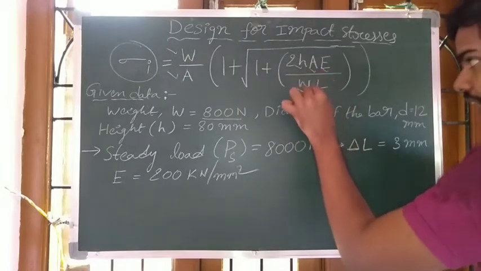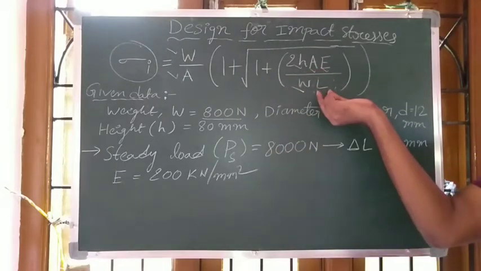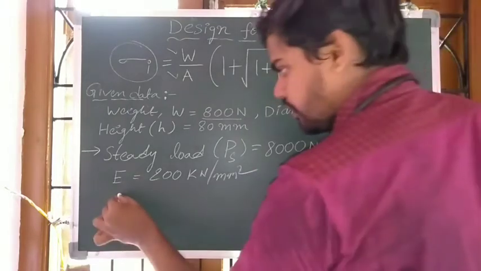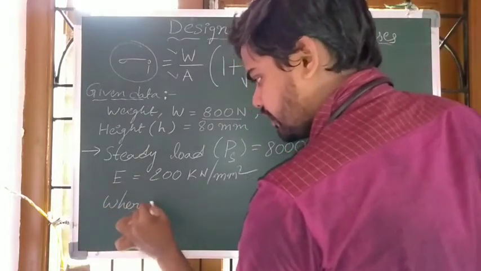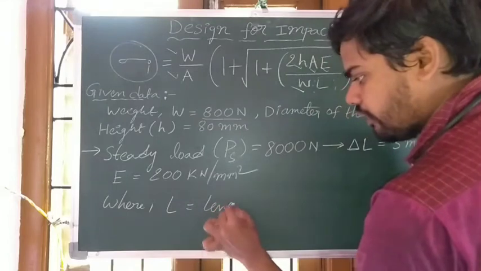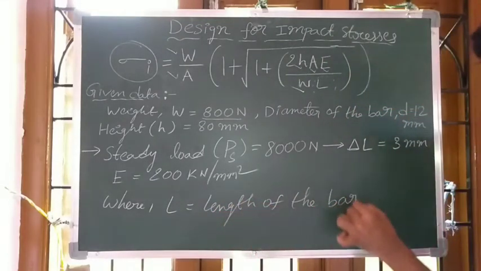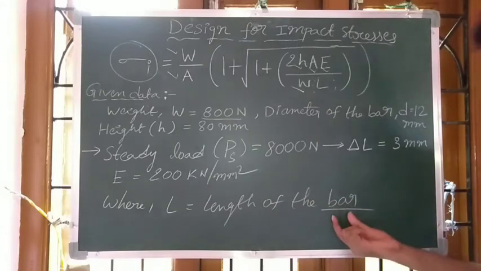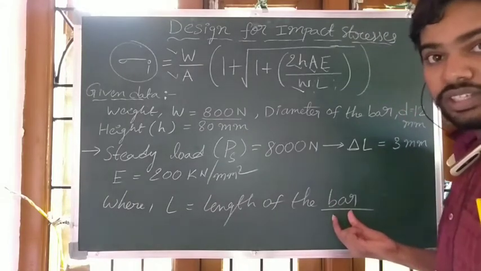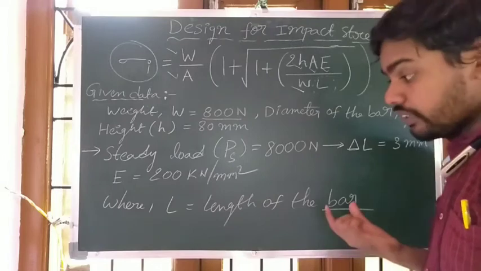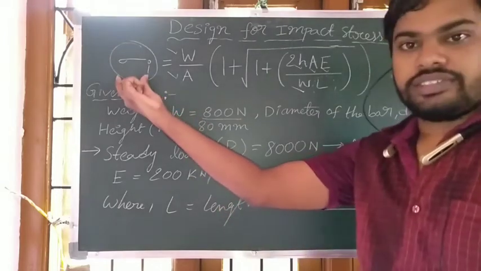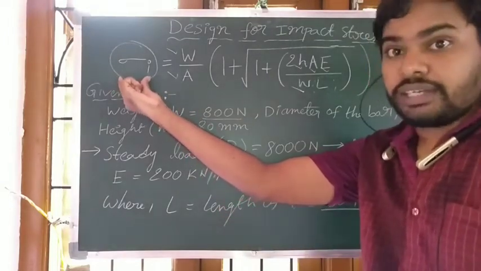But here L is our unknown, because we don't know the value of L, the length of the bar. The length of the bar is not given in the problem. So first of all, in order to get sigma I, the impact stress, we need to calculate L.